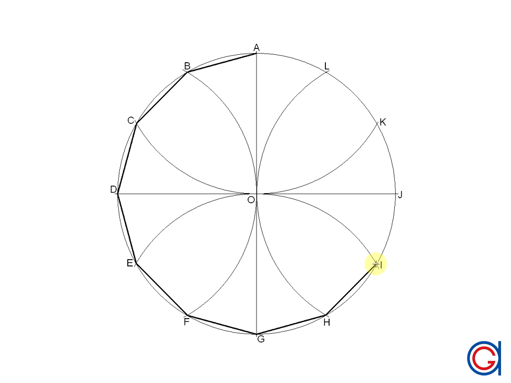G to H, H to I, I to J, J to K, K to L, and finally we close our 12-sided regular polygon by joining vertex L to A. So here we have the regular 12-sided polygon inscribed in a given circumference.